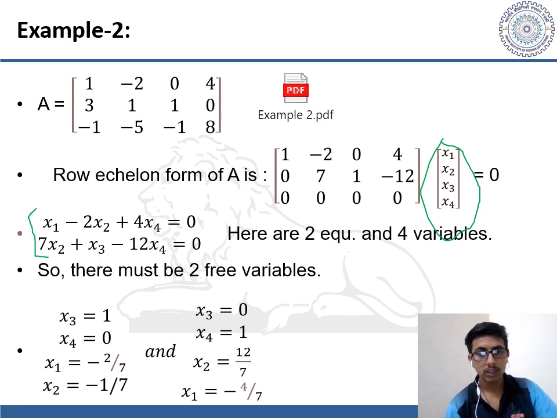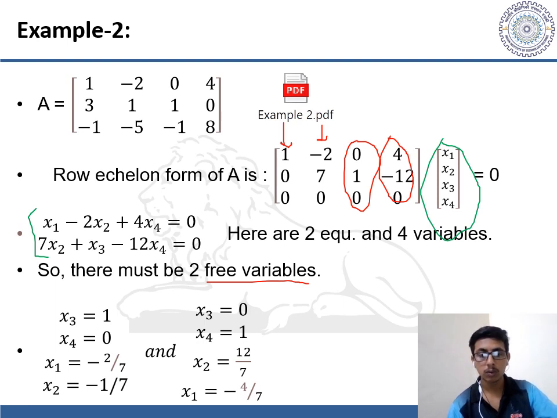We have only two equations and four variables, so there must be a condition where we have to choose two variables ourselves, and these two variables are called free variables, and these free variables came from the columns C3 and C4, as the columns C3 and C4 can be obtained by the linear combinations of column 1 and column 2.